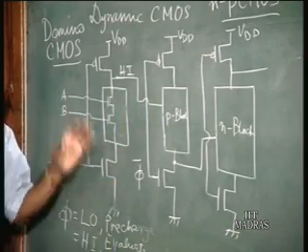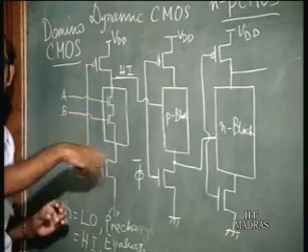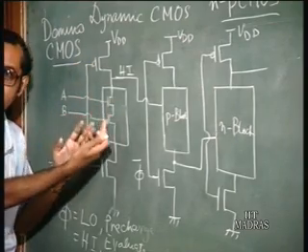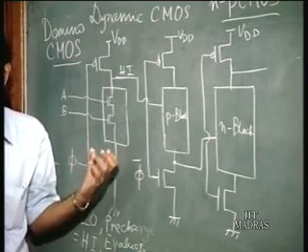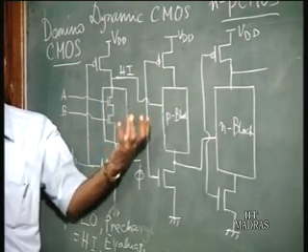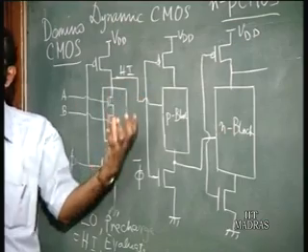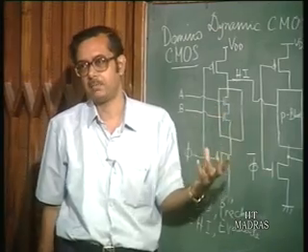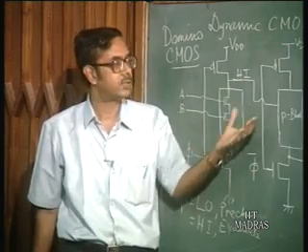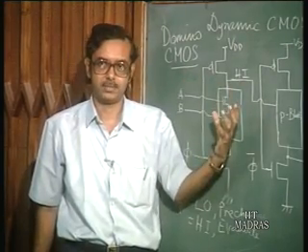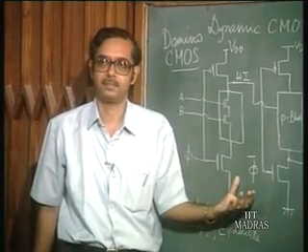And then if this block is not on, the charge is retained. And so the output voltage retains its previous value. But all these capacitances are not ideal capacitances. There are leakage paths. And so the output charge is going to decay with time.